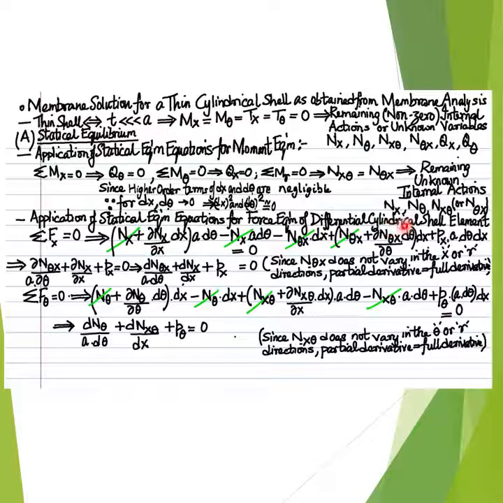In order to solve for the three remaining unknown internal membrane actions nx, n theta, and nx theta, we have the three remaining statical force equilibrium equations, that is sigma fx equal to 0, sigma f theta equal to 0, and sigma fr equal to 0, which are yet to be applied or still unused.